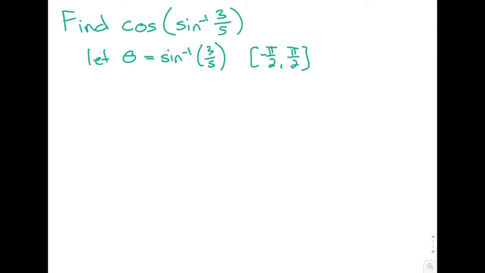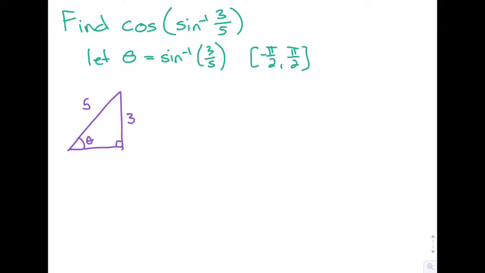So now let's draw a triangle. We'll interpret theta as a small angle, like this, and the sine of this theta will give us the opposite side, 3, over the hypotenuse, 5.